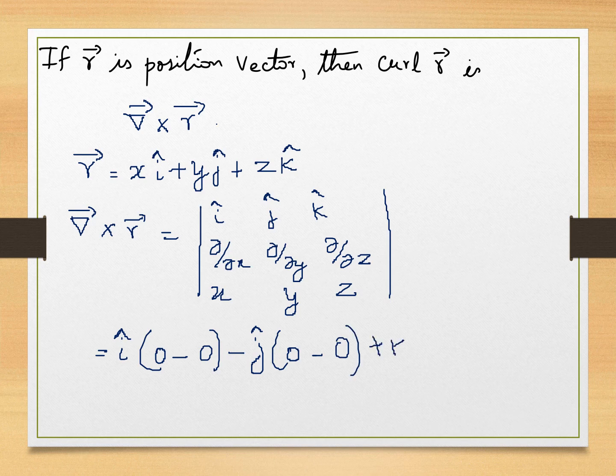Again for the third term k, ignore the first row and the last column, dou y by dou x, again 0, x into dou by dou y, again 0. So we will get del cross R vector is equal to 0 as the answer.